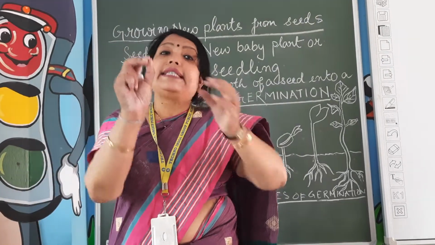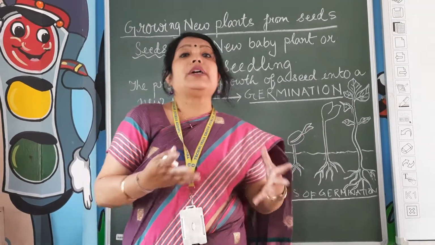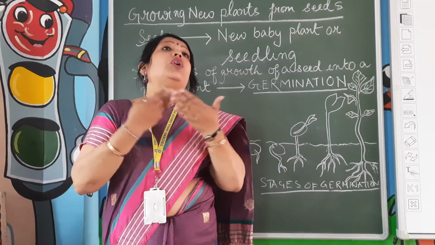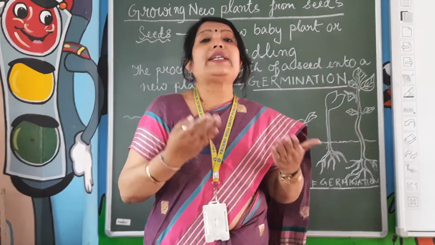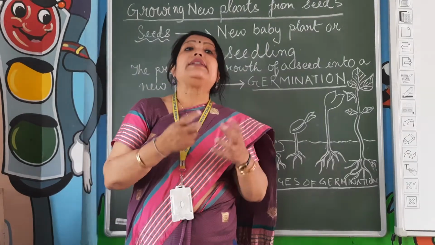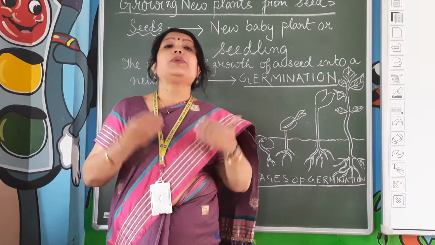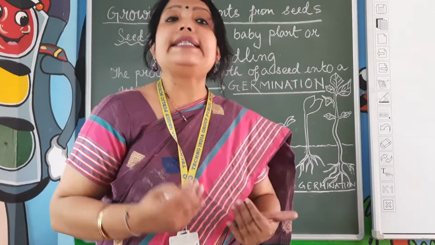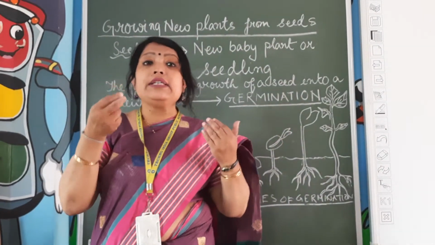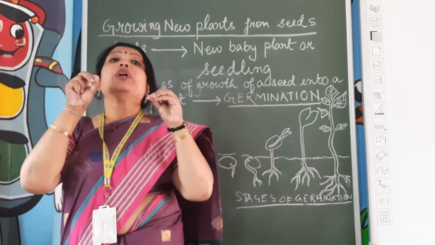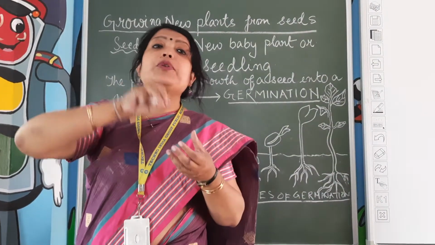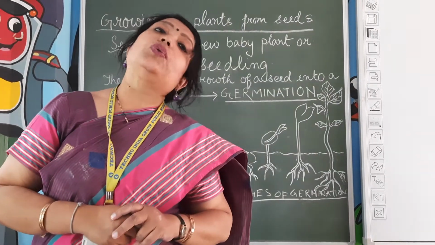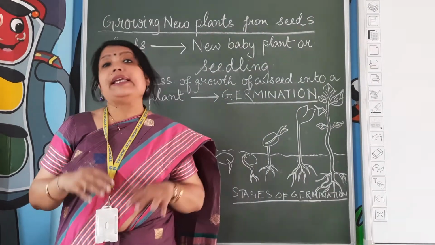Whenever we see a seed falling onto the ground, it is a structure which does not have any root and shoot in its outer appearance, but gradually the seeds develop and germinate. That means the first sign of the root and the shoot comes out from the seed, and this particular process is known as seed germination.